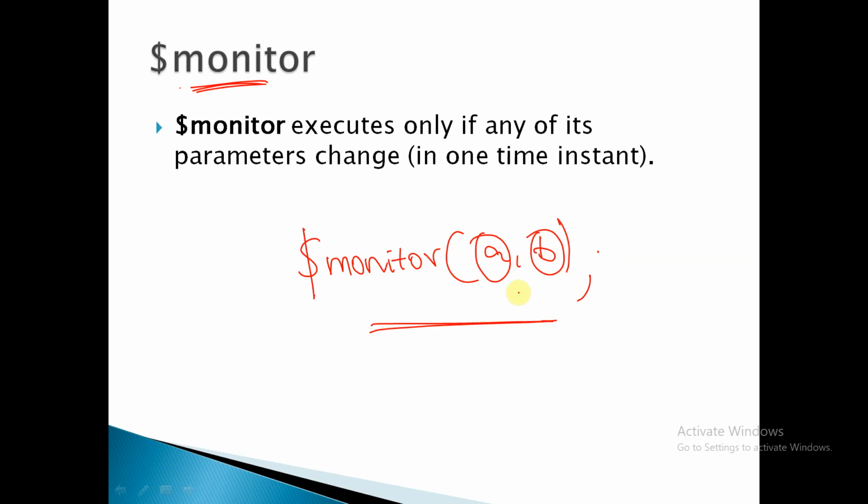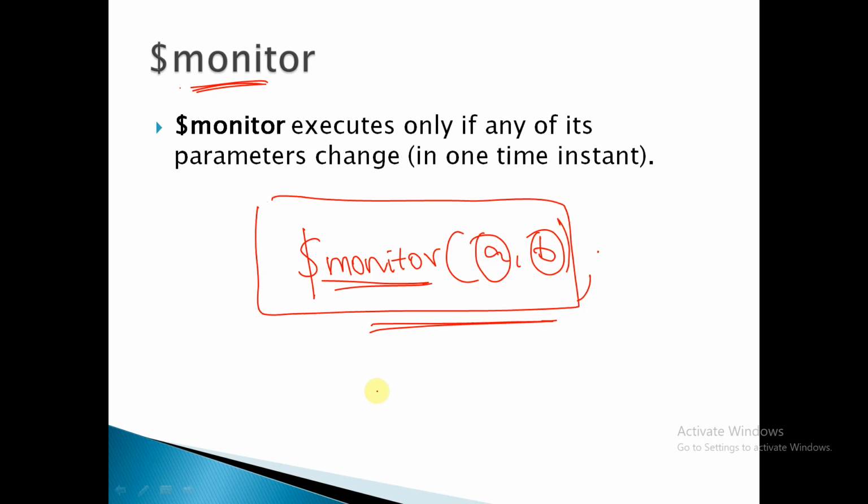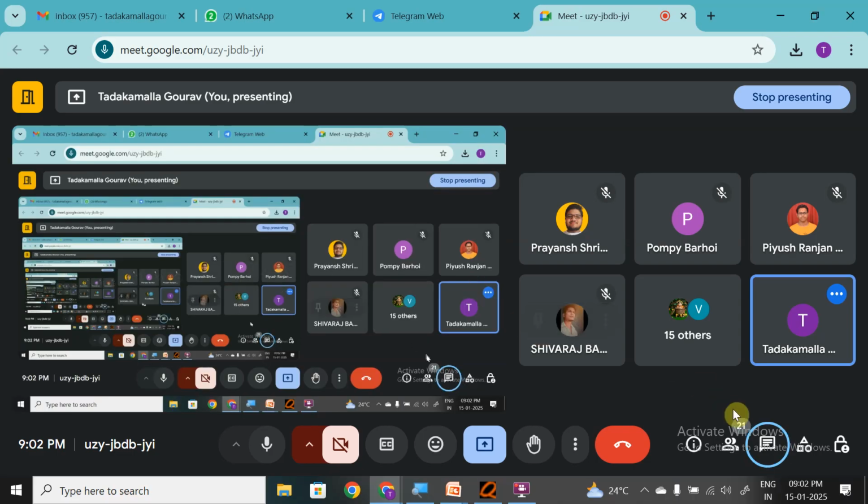If there is any change in the value of a or b, this $monitor is going to execute. Unlike $display and $strobe, which execute only once, $monitor will execute whenever there is any change in a, or in b, or both. Is it clear?